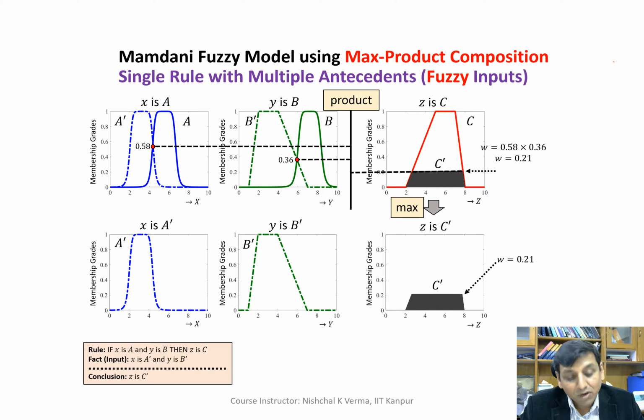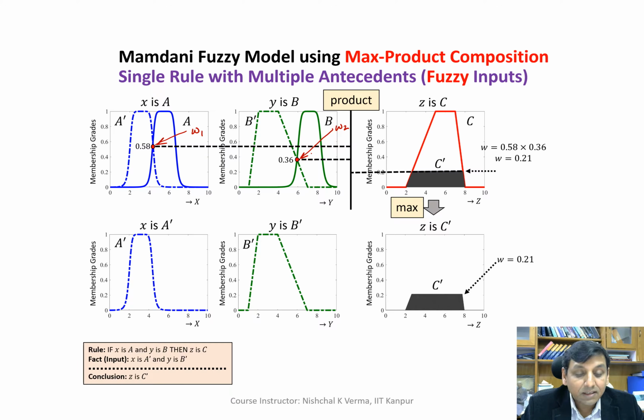Now, in the second scenario, what happens when we use the max product composition? With the same inputs, the same set of fuzzy inputs, everything remains the same. As we have already seen, the intersection points are designated W1 and W2, the weights, which we have seen are 0.58 and 0.36.